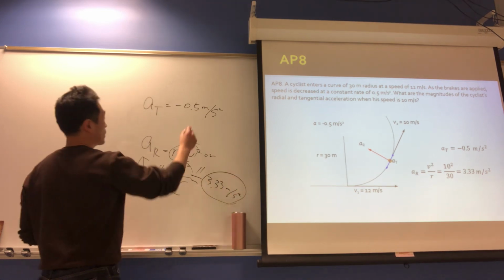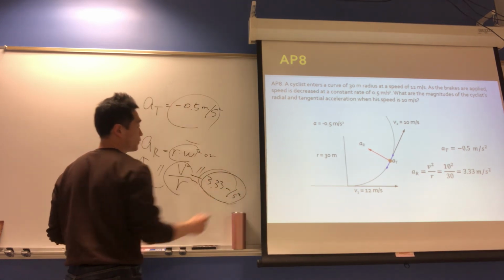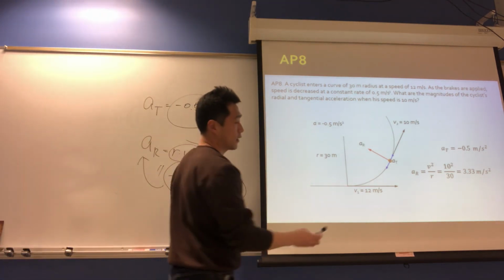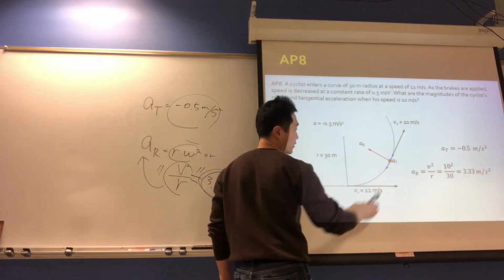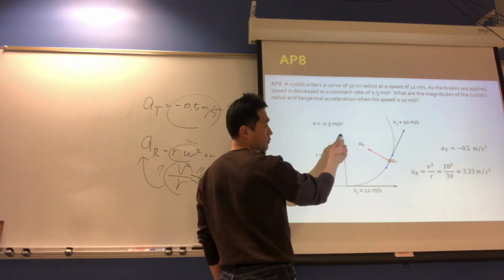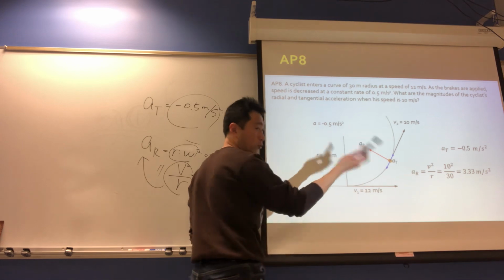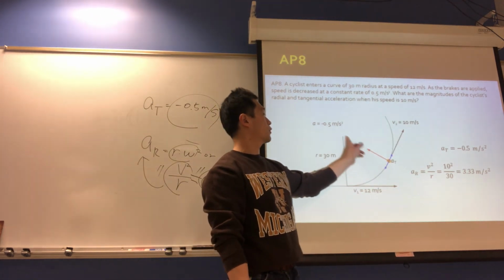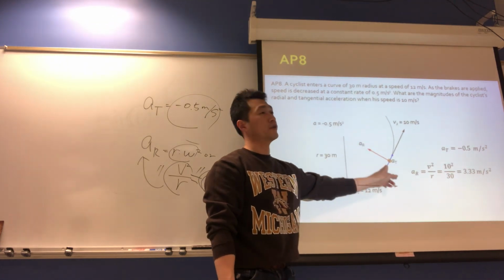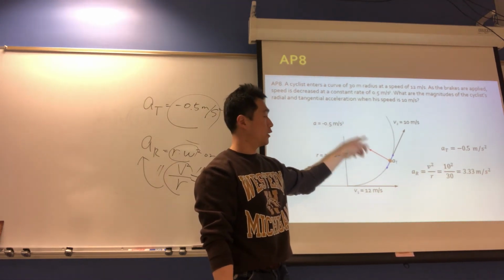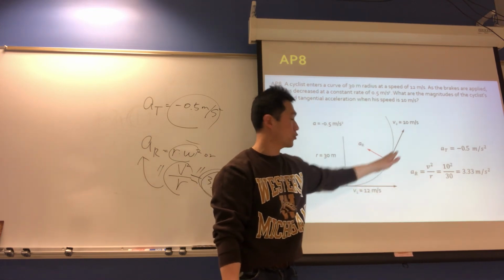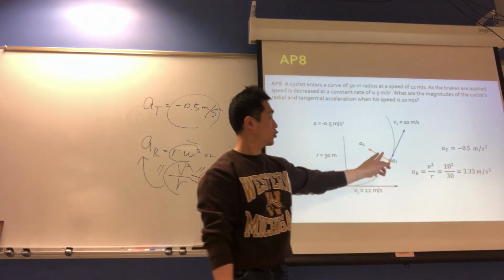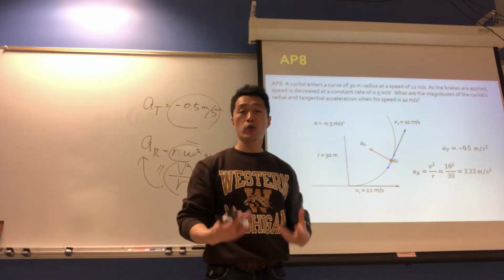So we got tangential and radial. As you can see here, tangential acts in this direction, and this is the rotation center. Radial acceleration is always pointing toward the rotation center, and the tangential direction is always perpendicular to the direction toward the rotation center, which means these two are perpendicular to each other.